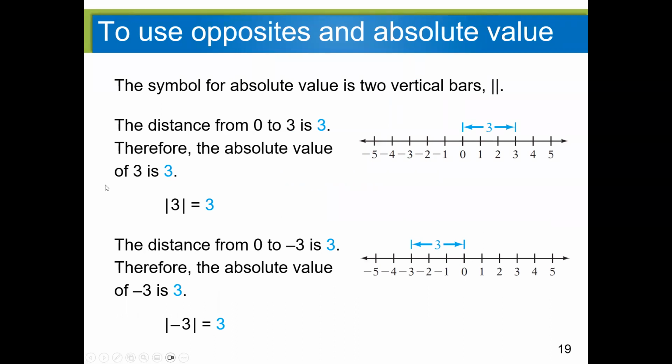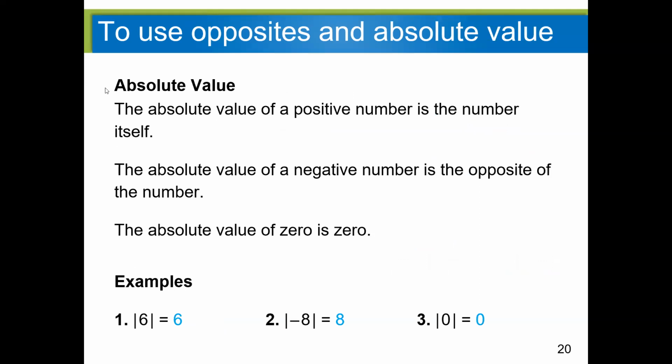Which is what's shown here. The absolute value of 3 is 3 because 3 is 3 steps away from 0. The absolute value of -3 is also 3 because -3 is 3 steps away from 0. That's the definition of it. In practical terms, the absolute value of something is just its positive version.